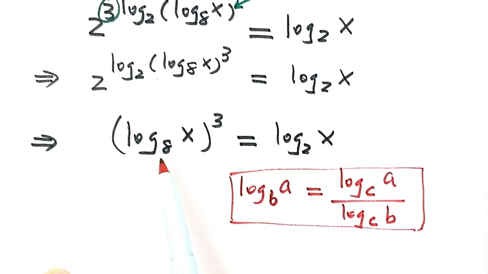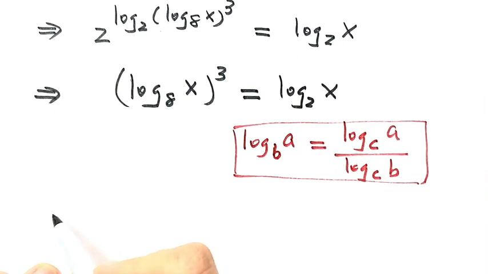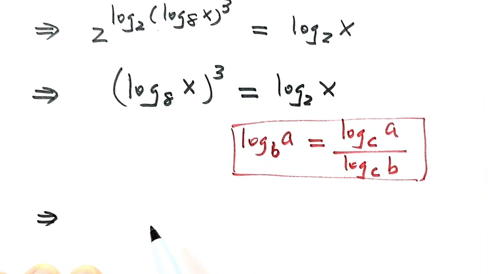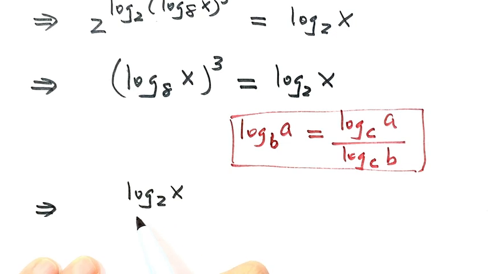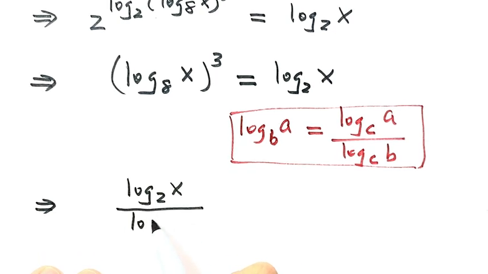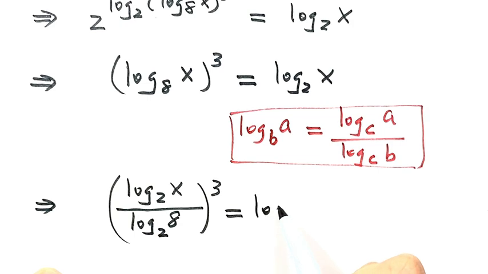For the left hand side, we change from base 8 to base 2. So we have log base 2 of x, divided by log base 2 of 8, and the whole thing to the third, equals log base 2 of x.